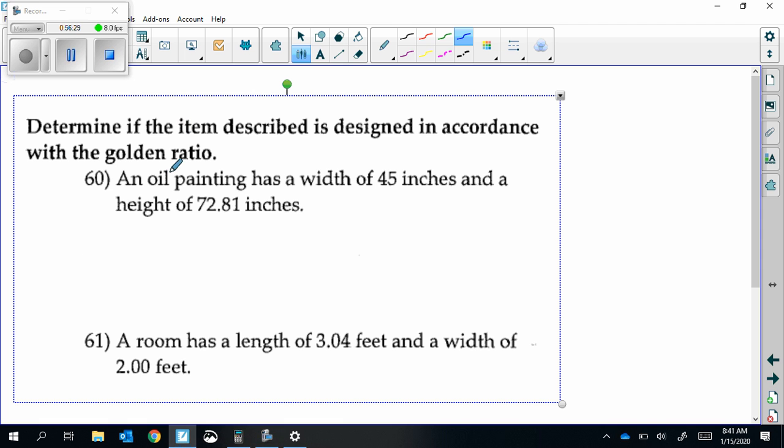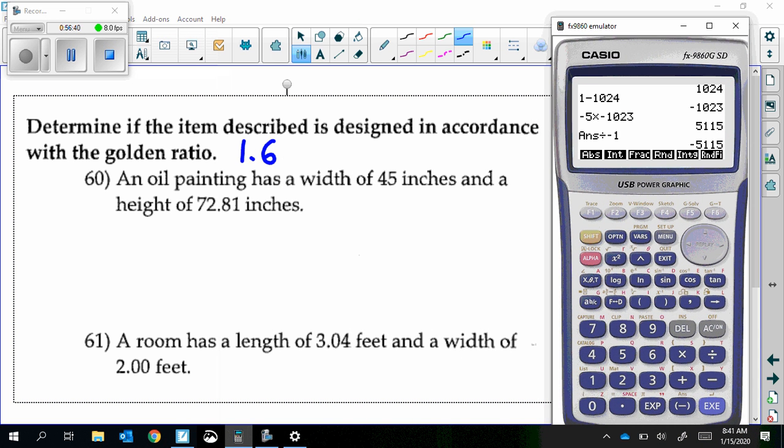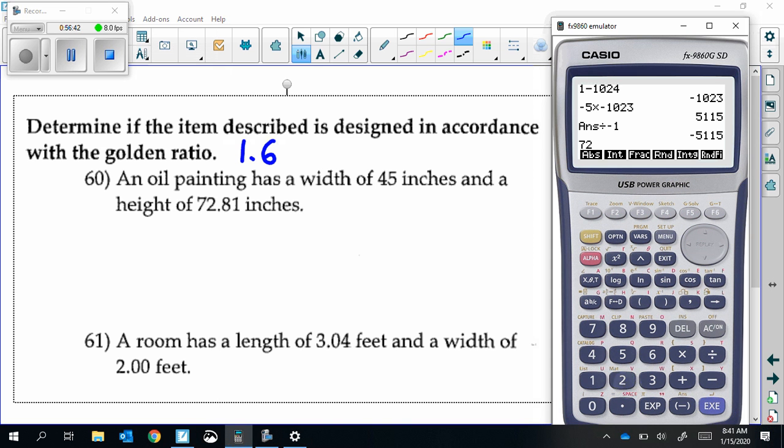We're checking to see golden ratio. Golden ratio is about 1.6. So we're just checking to see if it's close to 1.6. Big number on top, 72.81. Divided by 45. 1.618. That's like perfect.